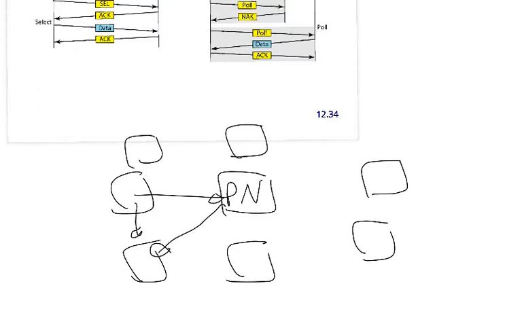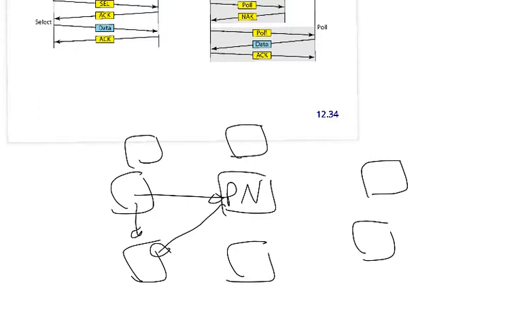So what will happen is that the primary node will either have an uplink or downlink scenario. So whether you have data going from one of the nodes to the primary node, or you have a downlink scenario where you have the data flowing from the primary node to one of the nodes.